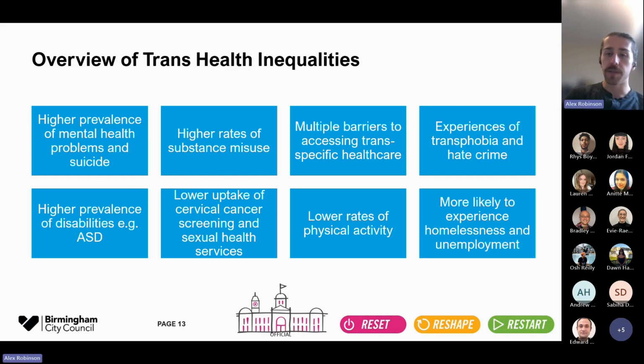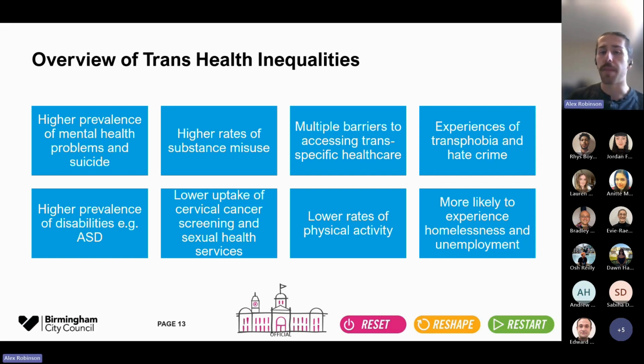So 80% of trans people reported finding gender identity clinics difficult to access, and 30% of trans people in the West Midlands said their GP did not know how to refer to gender identity clinics. Whilst some of this data might have changed because it's changing constantly, wait times for first appointments in gender identity clinics can be over 4 years long.